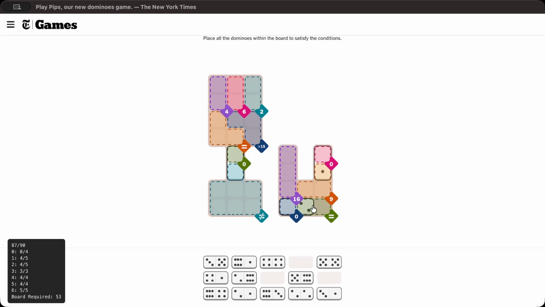This would have to be 9. And this can't be 9. So this has to be 4s, which means this is 4, 8, 12. Is that right? Is my logic right there? 4, 8, 12.